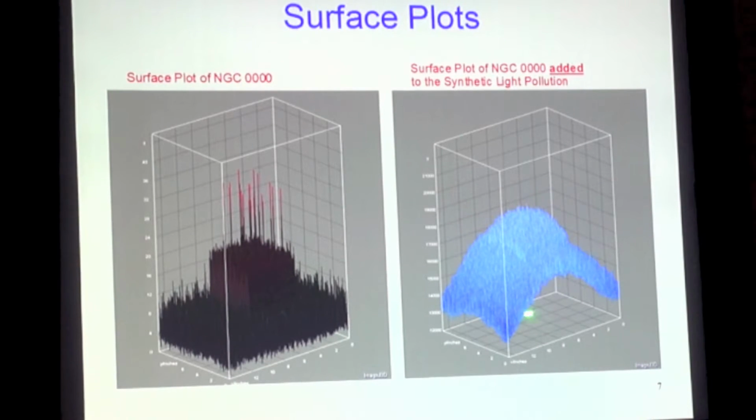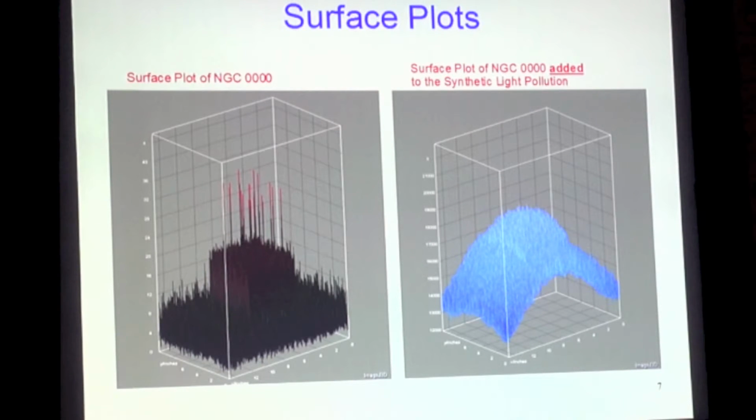And here's that same image added to the light pollution, and you can see what's happened here. There's a good deal of curvature here. Well, I have a little bit of a trick here because I expanded both ends of things so that it would accentuate it. But the fact is, that's real in the image.